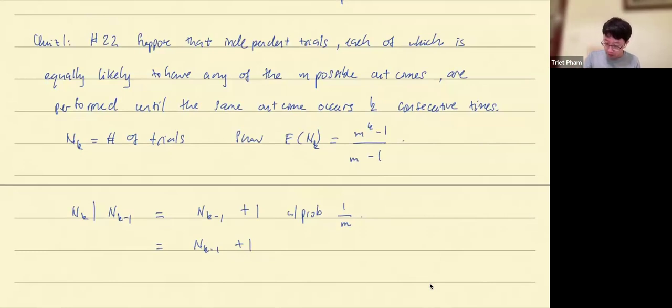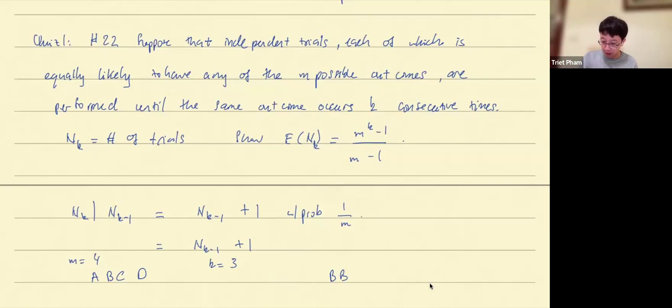For example, let's say the types are ABCD, 4 types. So m equals 4. And let's say that you're looking for, let's just say k equals 3, 3 consecutive times any of these types show up. And so let's say that you have B and B so far. And so far, nothing else has repeated twice.